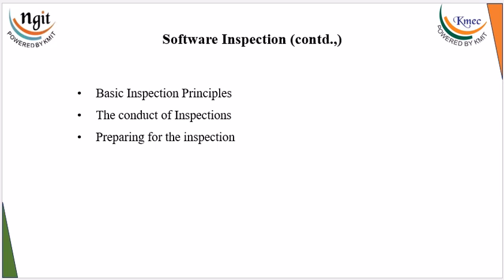Inspections should be conducted at every point in the development, either at the development phase or at the maintenance phase. This will help in intermediate products, at which particular point they can be produced.